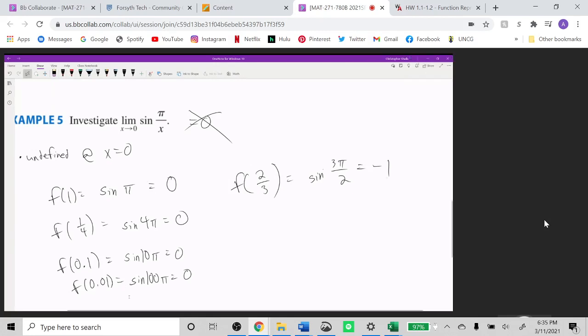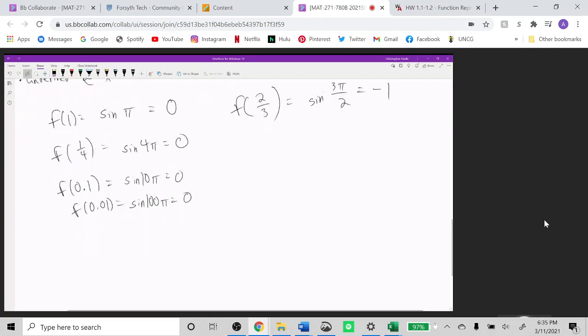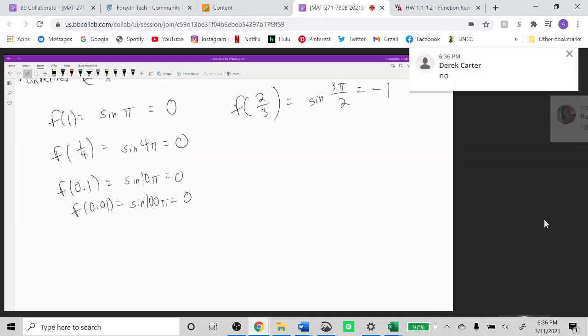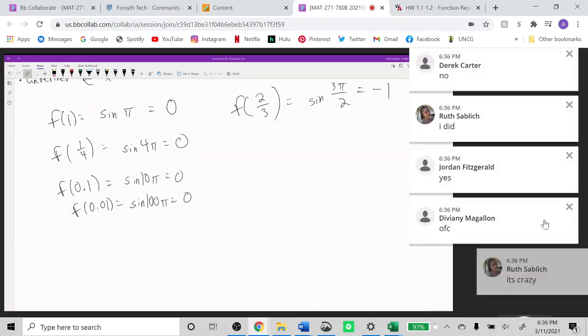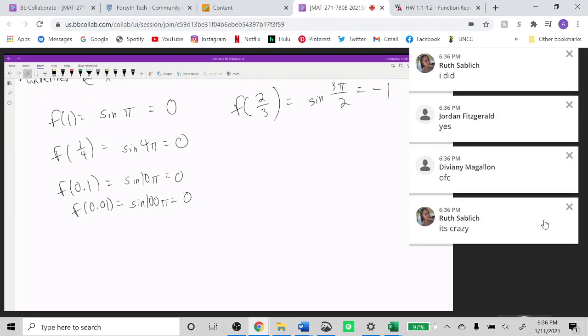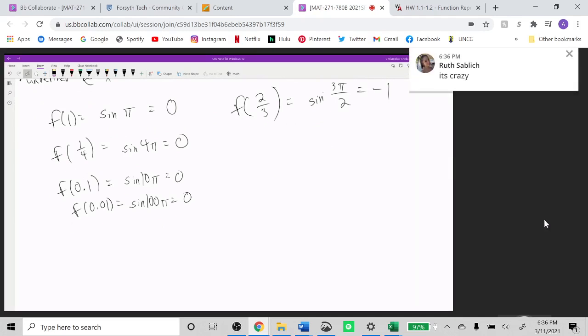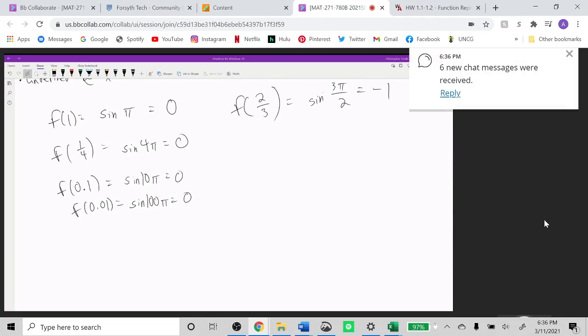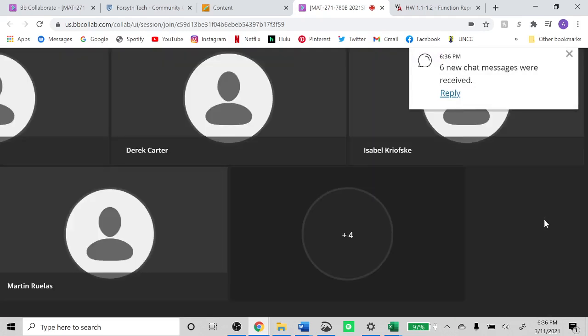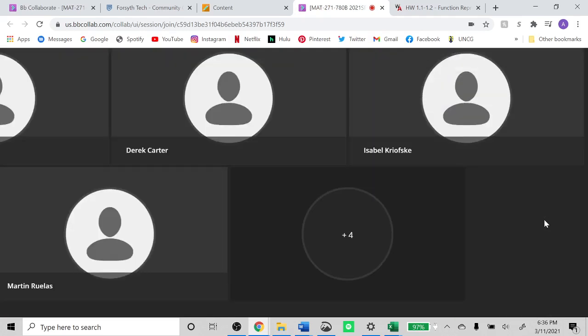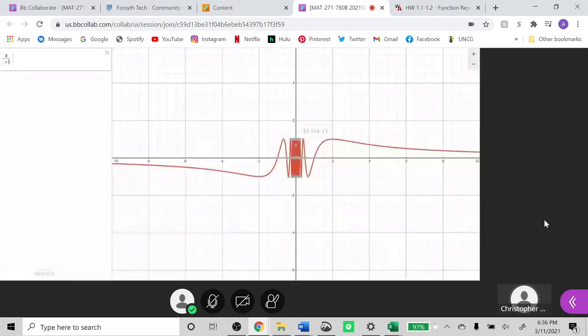In fact, if we look at a graph of this thing, has anyone tried to graph this? You did? Oh, it's crazy. Yeah, let's look at it. I hope that your heartbeat doesn't look like this.